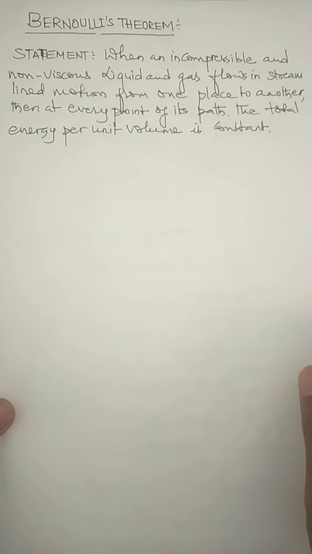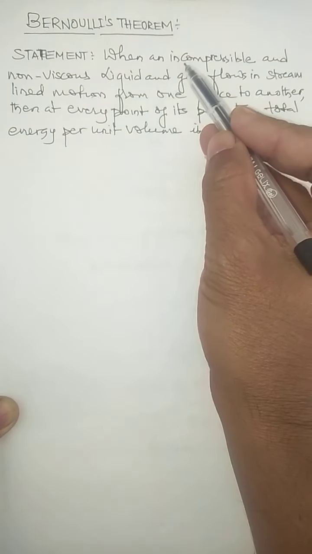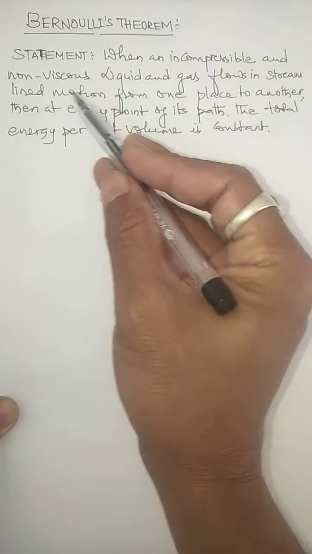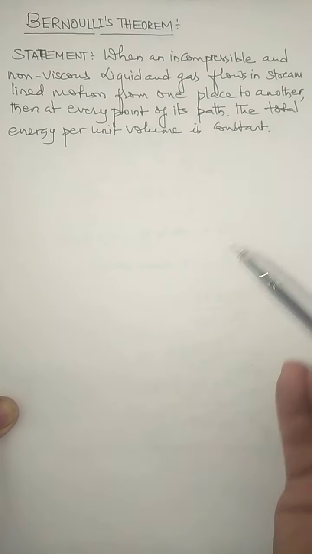And children, when we state Bernoulli's theorem, the statement is given by taking a liquid, and you have already learned that the liquid we discussed is called an ideal liquid. Ideal liquids are always incompressible and non-viscous. But this theorem applies not only to liquids, it is also for gases.